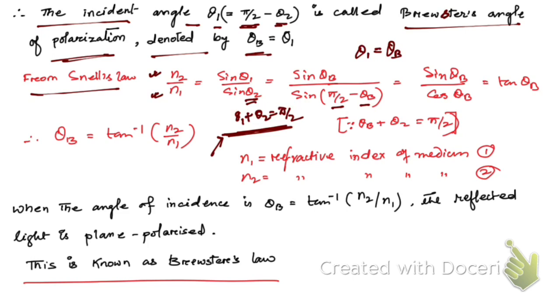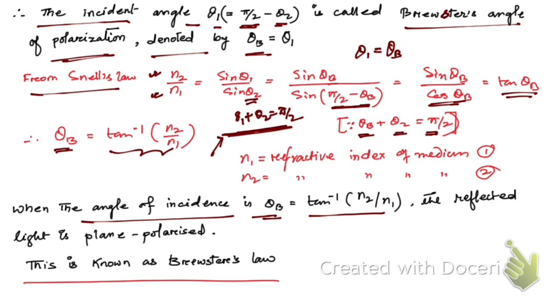So that's why I have replaced theta 1 by theta b. Theta b plus theta 2 is equal to pi by 2, so we can write theta 2 as pi by 2 minus theta b, and sine of pi by 2 minus theta is cos theta, so here we have tan theta b. So theta b is equal to this, right? If the angle of incidence is theta b, which is equal to tan inverse of n2 by n1, then the reflected light is plane polarized. This is known as Brewster's law.